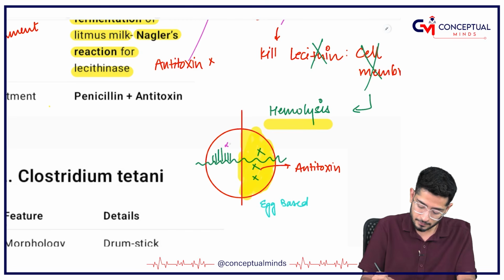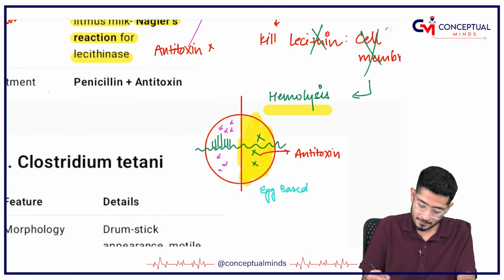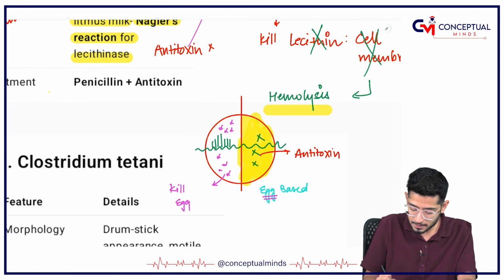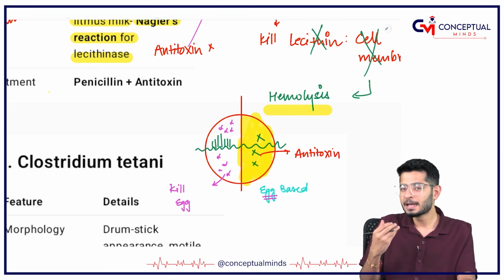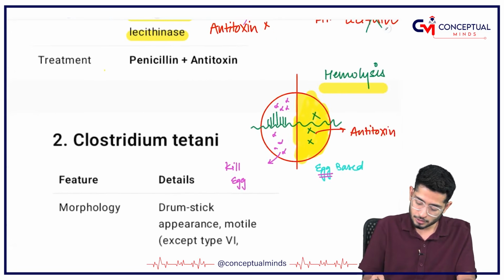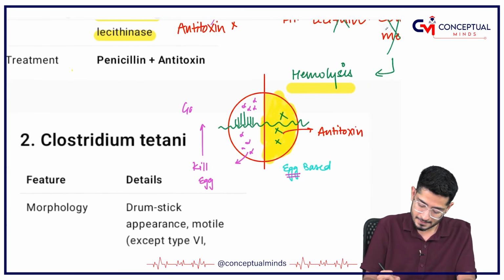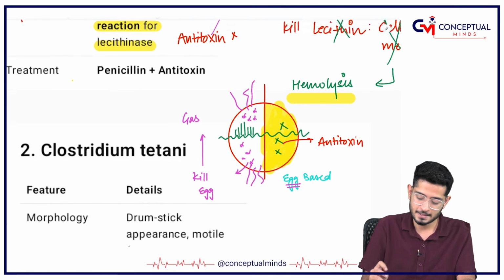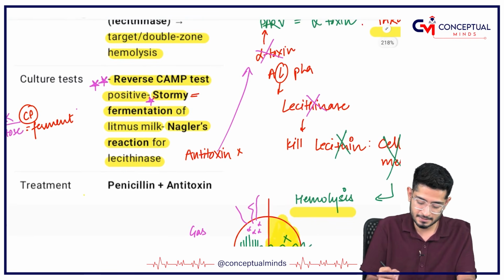Now this bacteria will release lecithinase, and because the media was egg based, this lecithinase is going to act on the egg based media. The egg is having lecithin and the lecithinase is acting, so there will be opacity. So where will it be? Here. This is called as Naegler's reaction.